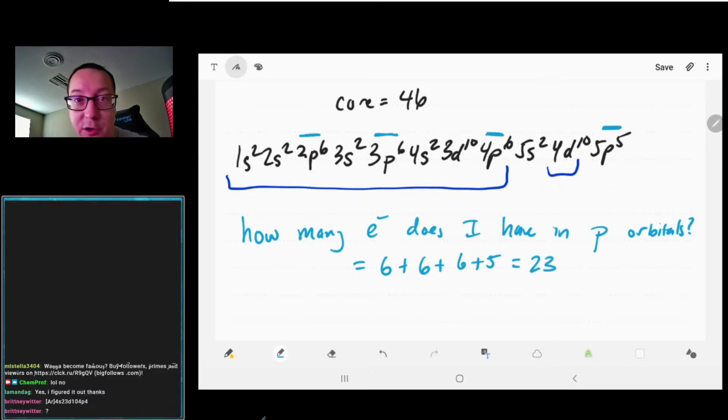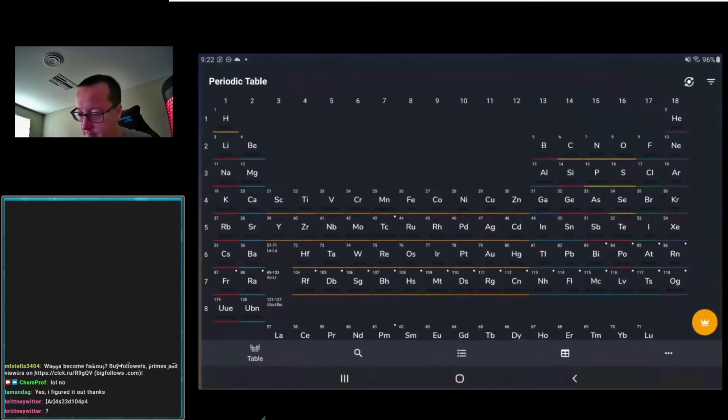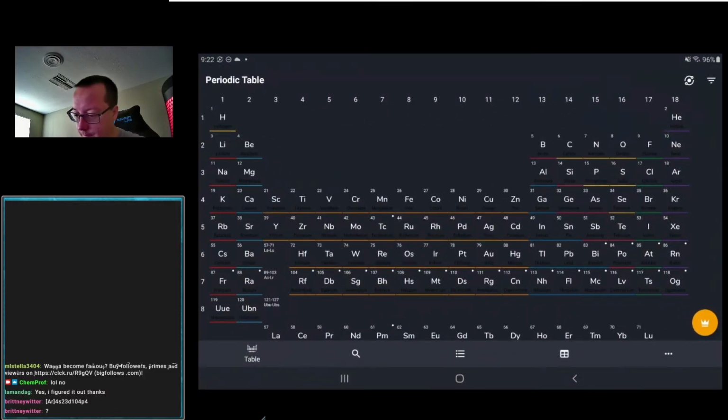However, lucky us, we could get this information from the periodic table as well. Let's go ahead and have a look. P block here, not helium. Of course, helium doesn't count in the P block because it's 2s. If we look here, we have 6 elements in the P block, another 6, another 6, and then only 5 up till iodine.